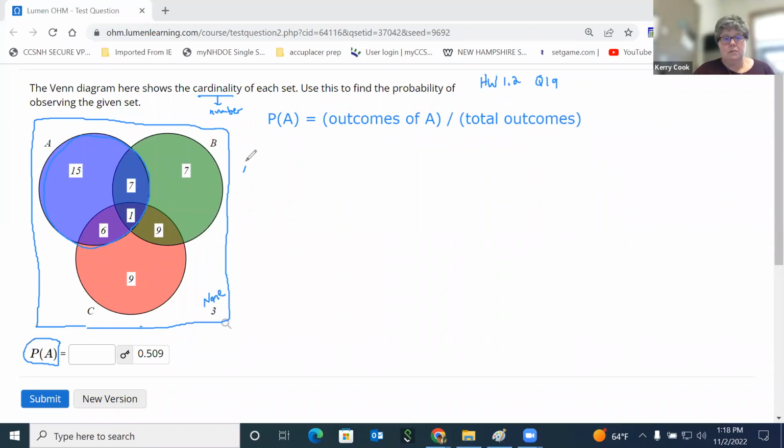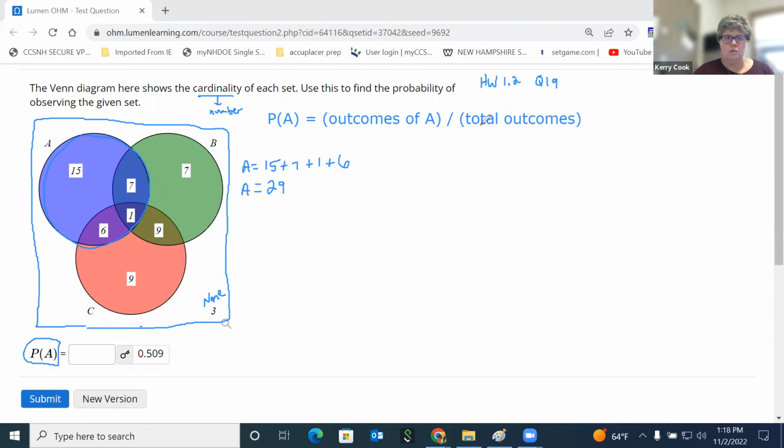So A is going to be equal to 15 plus 7 plus 1 plus 6, which totals, as you can see, to 29 items. So A has 29 outcomes in it.